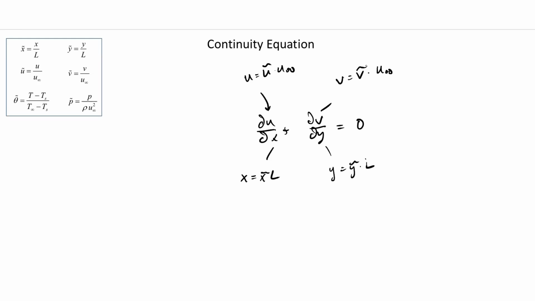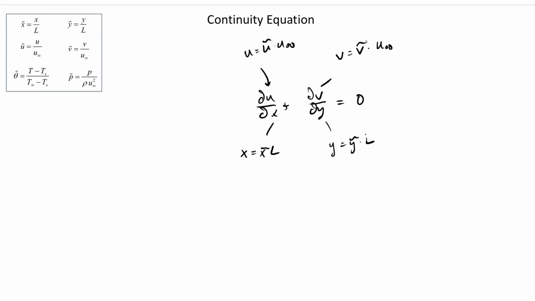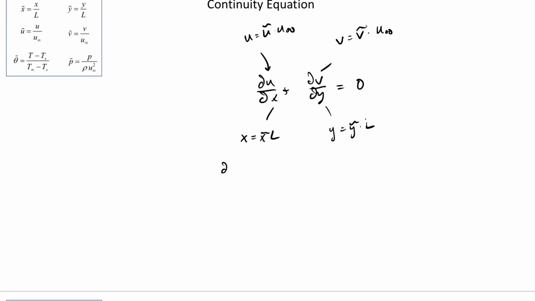So we go through and we do that. We just have to directly substitute those things in, and we end up with, as you could guess, the partial of u tilde times u infinity divided by partial of x tilde times L, plus partial of v tilde times u infinity over partial of y tilde times L, equals 0.